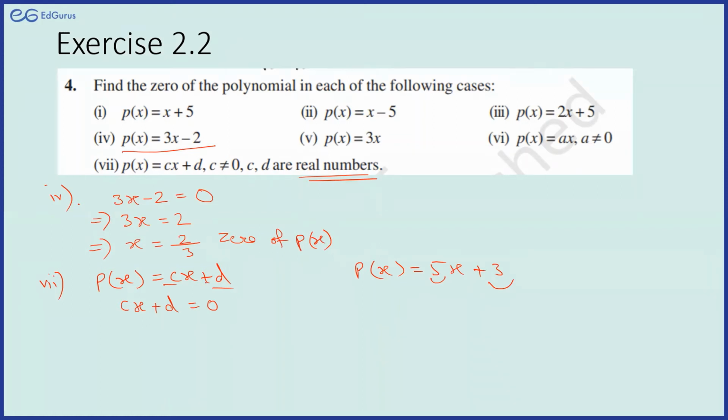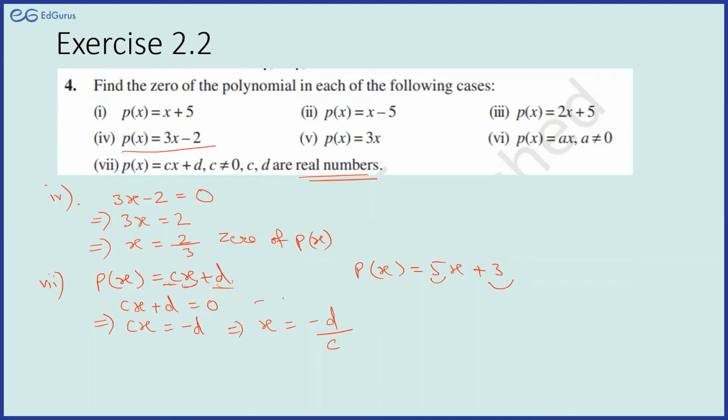Doesn't matter what constant. So variable यहाँ पर x है. Coefficient C है. Coefficient D है. Variable x है. Okay. So हम x की value निकाल रहे हैं. So this implies Cx is equal to अपना कांस्टेंट टर्म जो d है उसको राइट साइड पे ले जाओ तो बन गया -d, and this implies x is equal to -d/c.